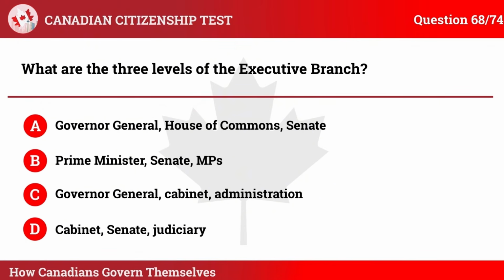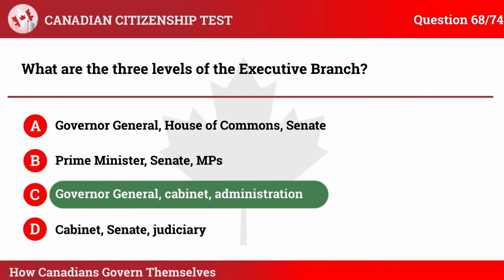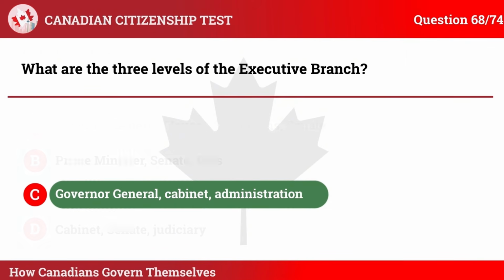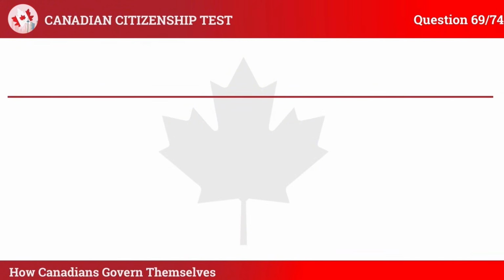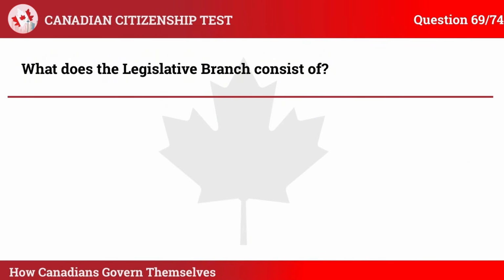The correct answer is C. Governor-General, Cabinet, Administration. Explanation: The executive branch includes the Governor-General, Cabinet, and Administration, responsible for decision-making. Question 69. What does the legislative branch consist of?